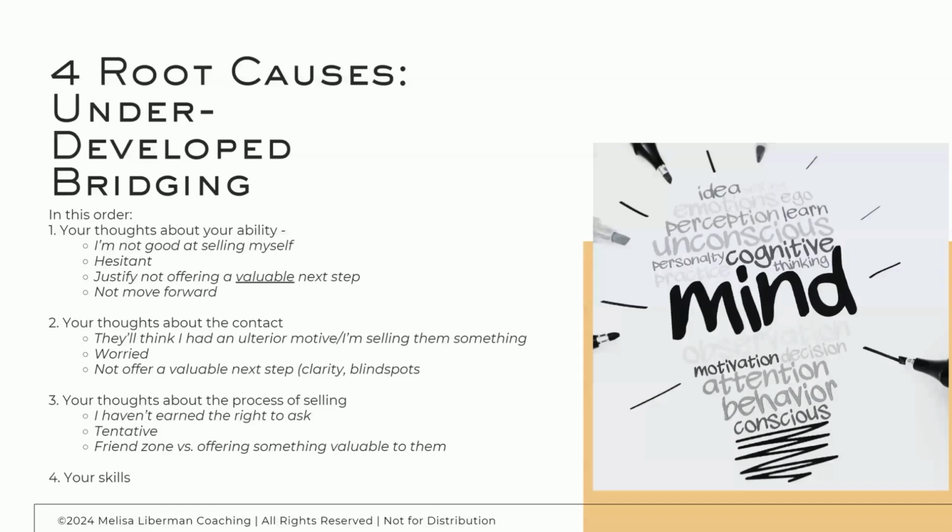Again, if you look at this from a different vantage point, and build out that next step in a really valuable way, then you can shift your mindset: the process of selling isn't taking something from them, isn't asking them for something, isn't hoping they'll do you a favor by having another conversation with you. It's more of, I want to provide value to this particular person I just met.